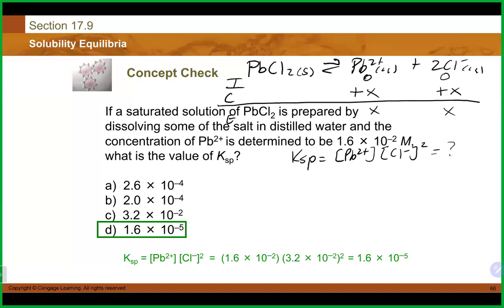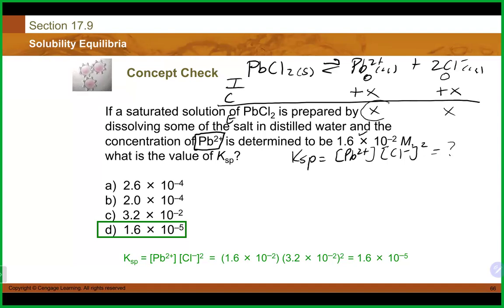We are looking for what is the KSP value in this case, right? What they did tell us is the concentration of lead at equilibrium is 1.6 times 10 to the minus 2. If I look at my ice table, what does lead equal at equilibrium?